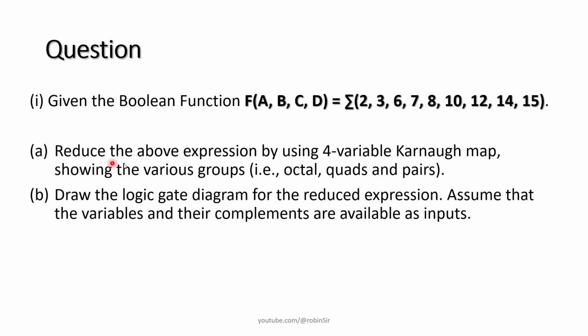So we have to reduce this expression using a 4 variable KMap, and we have to show the various groups, octals, quads, pairs. And once we have reduced the expression, we have to draw the logic gate diagram for the reduced expression.